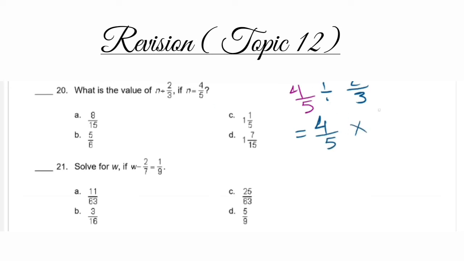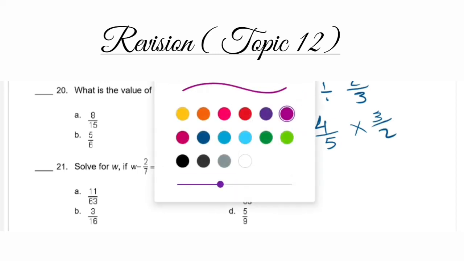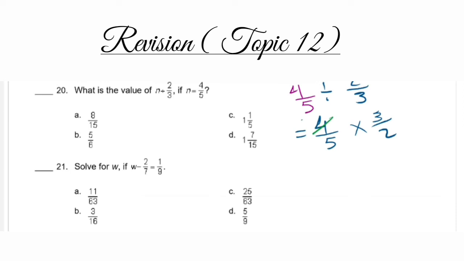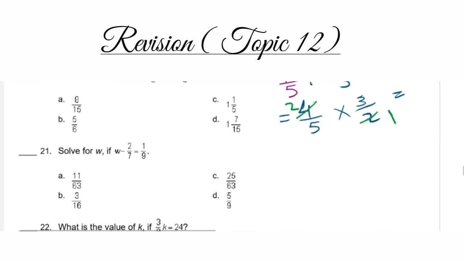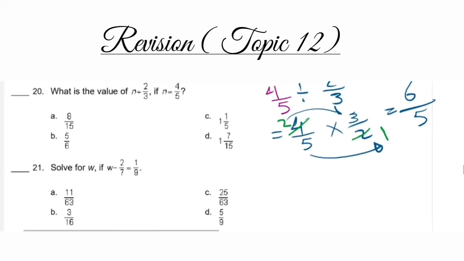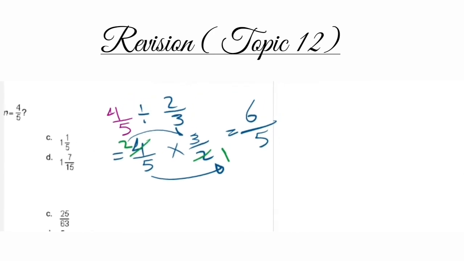Simplify if you can. So 2 divided by 2 is 1 and 4 divided by 2 is 2. Multiply. 2 multiplied by 3 is 6 and 5 multiplied by 1 is 5. So 6/5, that's an improper fraction, right? 6 divided by 5 is 1, and the remainder is 1. So the answer is 1 1/5.